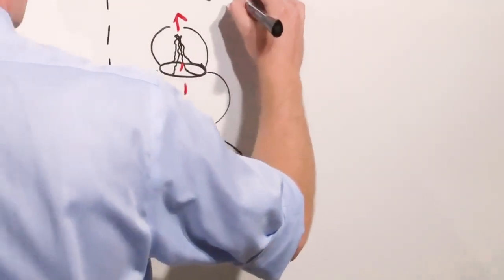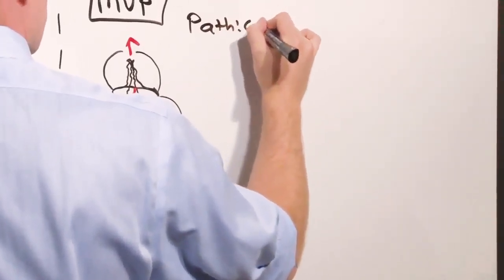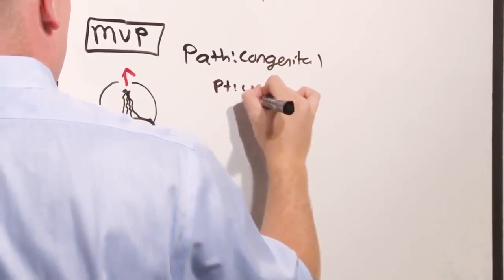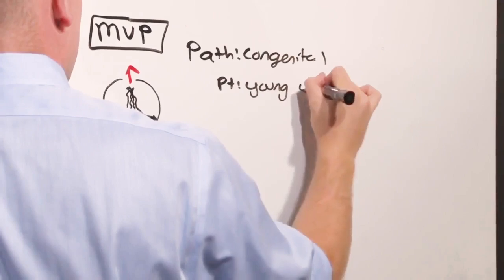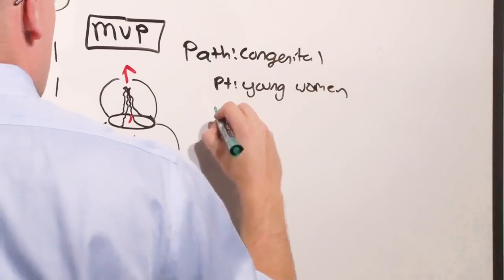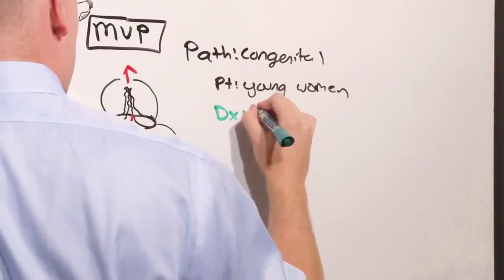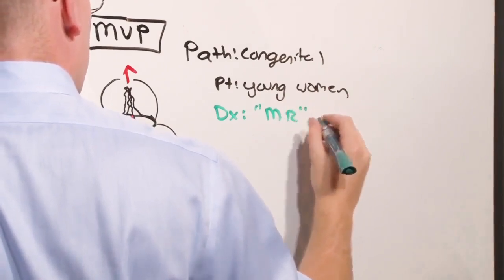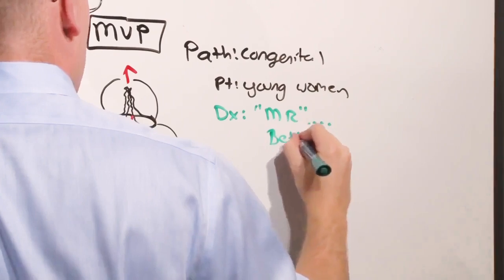The pathogenesis of mitral valve prolapse is usually simply congenital. You're going to see it in young women. And the diagnosis is made when you hear mitral regurg, but better with more blood.